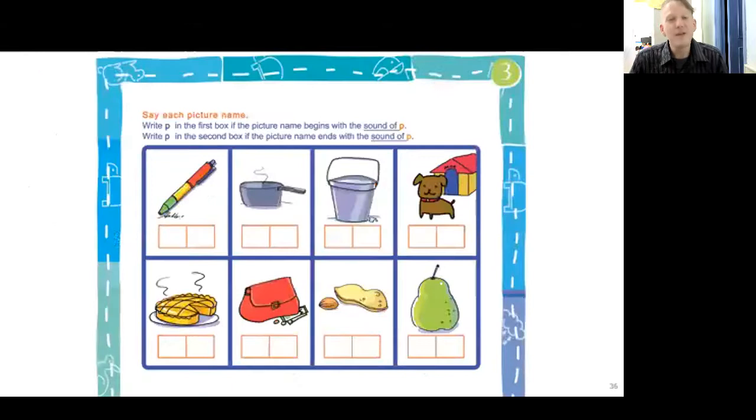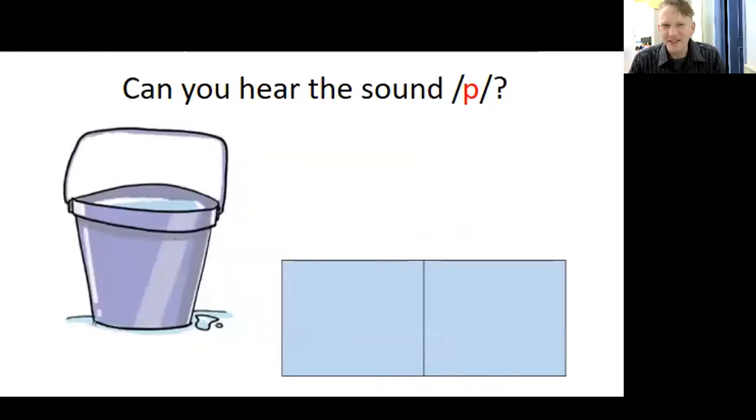That's correct. If you found this one, pail is right. Now, can you hear the sound p? Pail, p, pail. And it is the beginning sound. That's correct. P, pail.